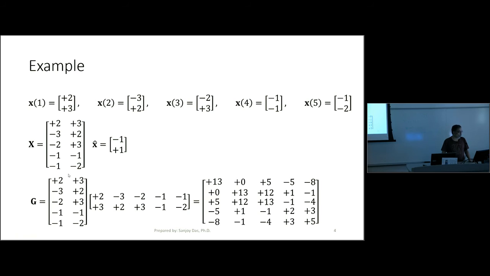If you have only normalized samples, so if I were to divide this by its length, 9 plus 4, so this is square root of 13. I divide by 1 over square root of 13, 1 over square root of 13, and this 1 over square root of 2, and 1 over square root of 5. Then I would get normalized data, and with normalized samples like this, I would have gotten all higher values here.